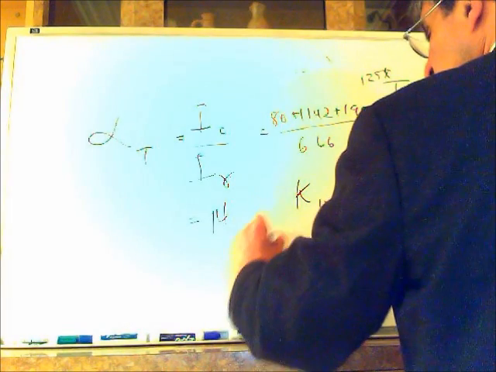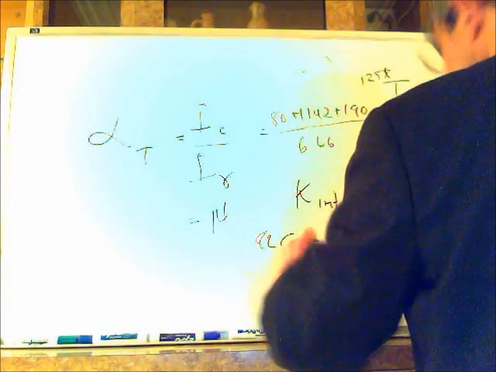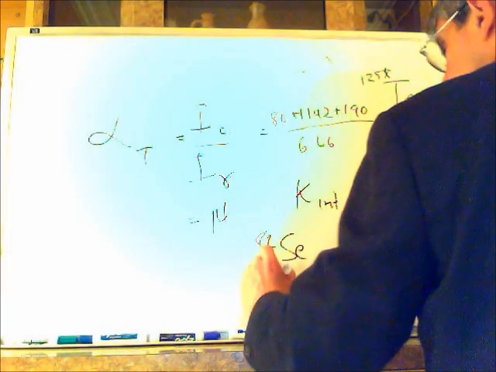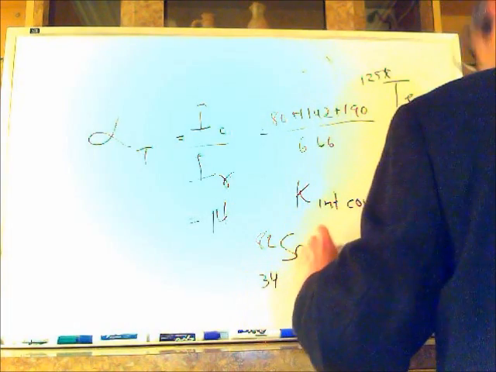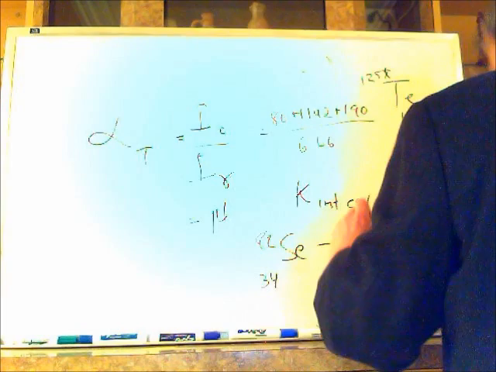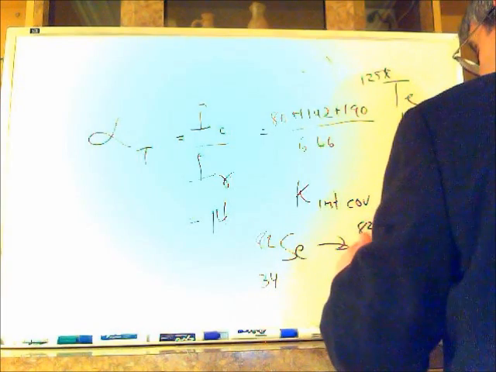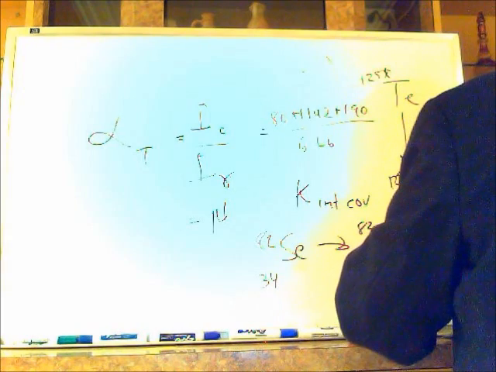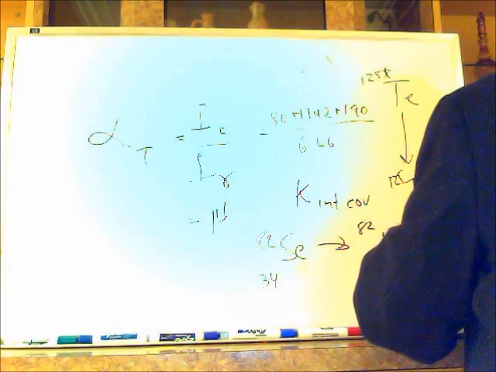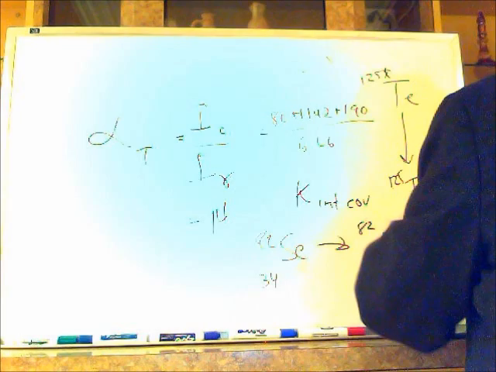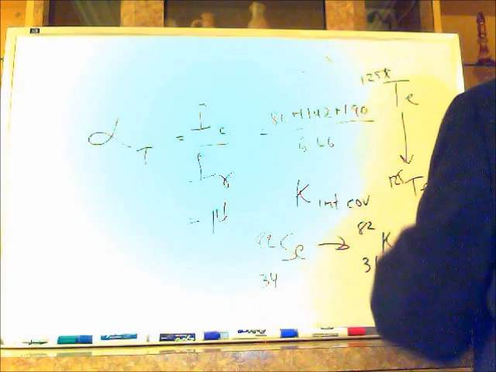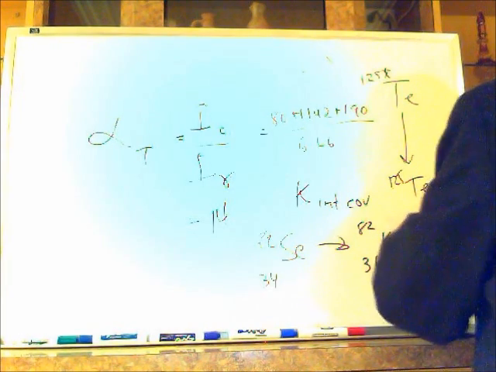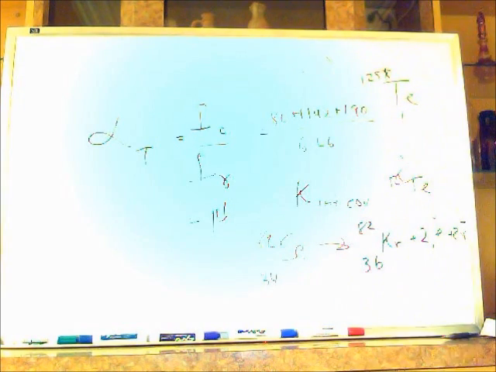So you write that as selenium 82 (atomic number 34) goes to krypton 82 (atomic number 36), and there are going to be two electrons and two antineutrinos produced. So that's a double beta decay.